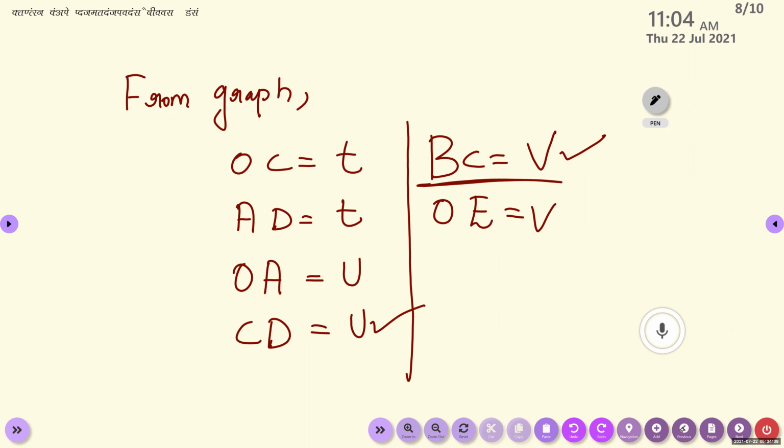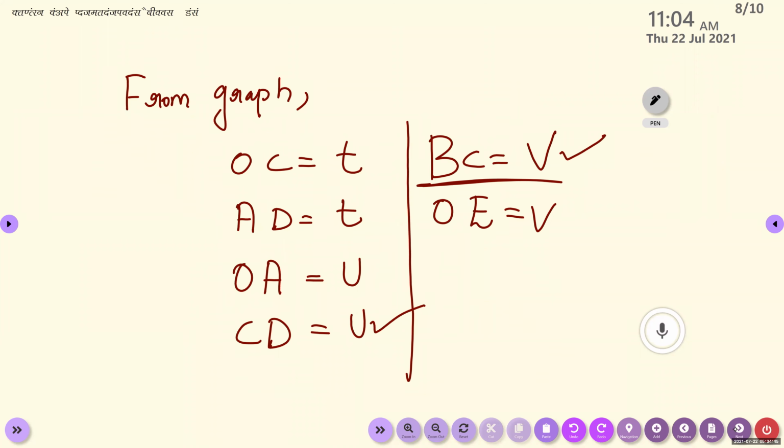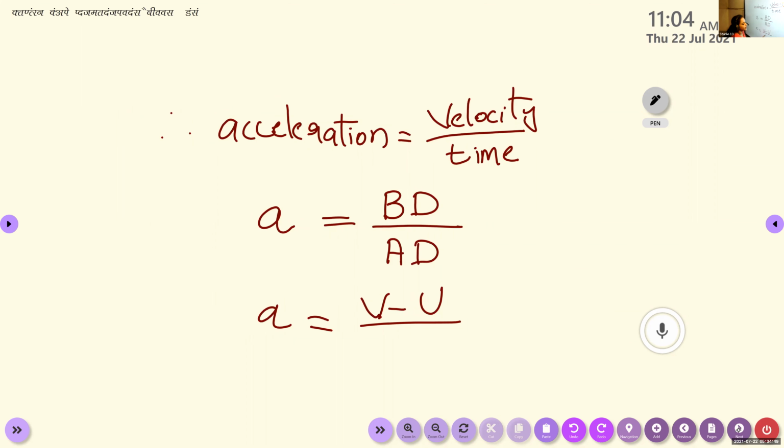Time. Yes, from the graph, AD is time. So substitute the value of AD there. So it becomes V minus U divided by T. A is equal to V minus U divided by T.